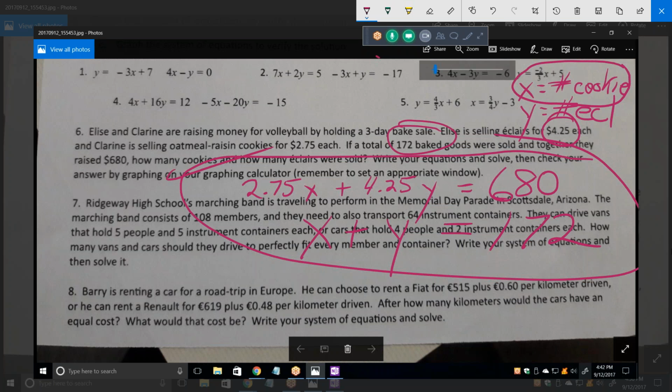Now, am I going to solve this using substitution or elimination? Elimination, because they're both in standard format. Even though it's not going to be easy, I'll show you how we do it.